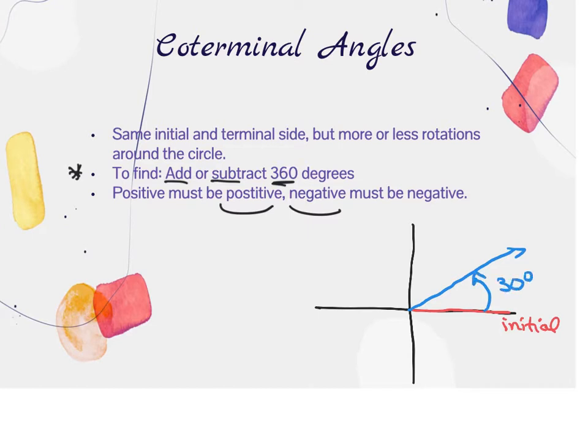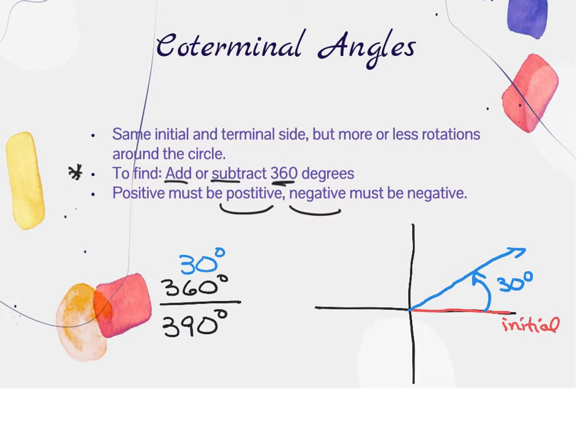And I want to find a coterminal angle to that 30 degrees. To find a positive coterminal angle, I'm going to take the 30 degrees and I'm going to add 360. A positive coterminal angle will be 390.